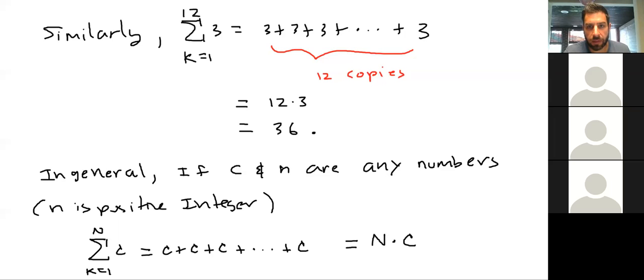So this is something that, as a person, whether you're studying calculus or not, it's just nice to understand how to simplify patterns.